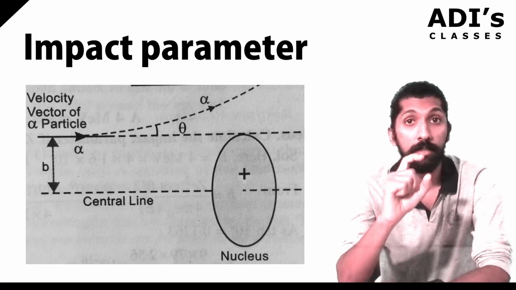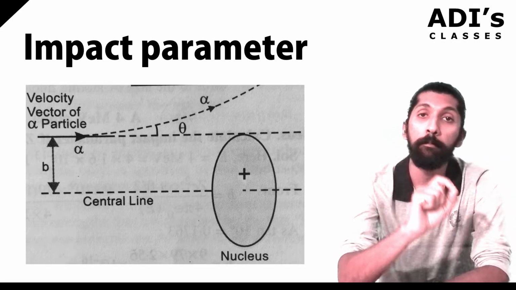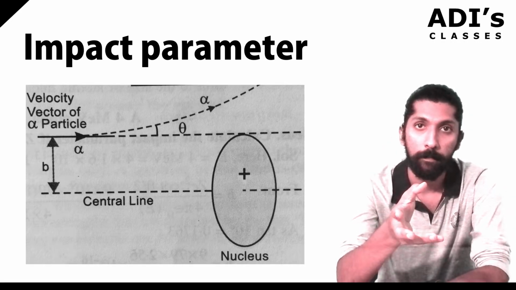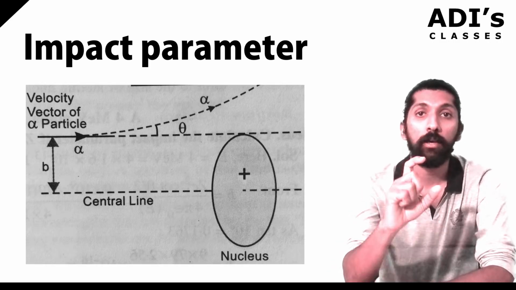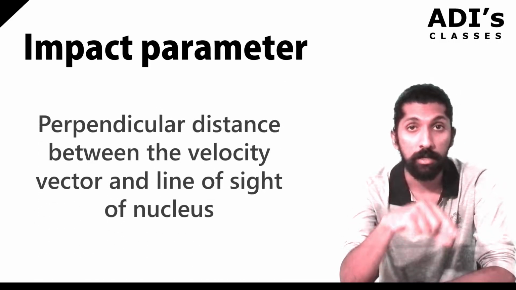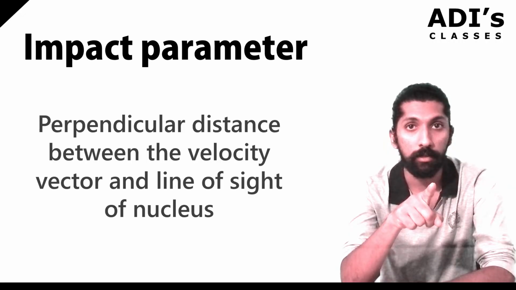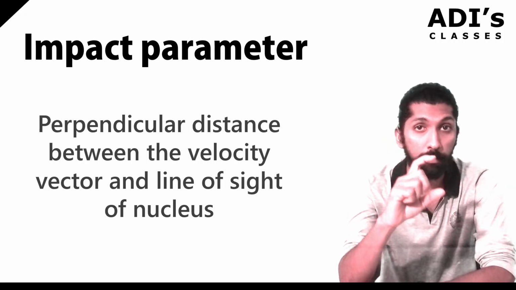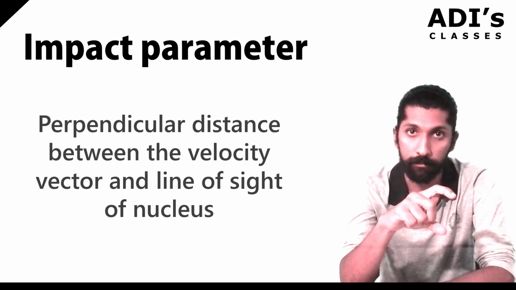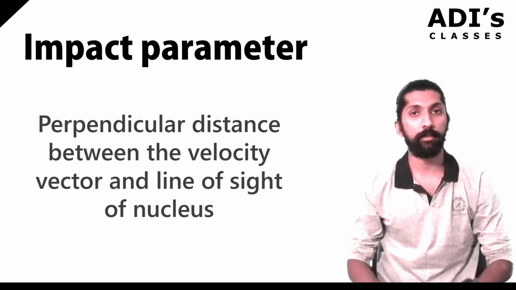That perpendicular distance is what we call the impact parameter. To define it more rigorously, it's the perpendicular distance between the velocity vector and the line of sight of the nucleus.